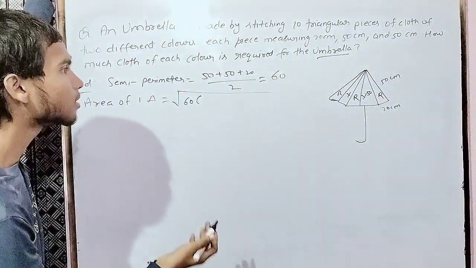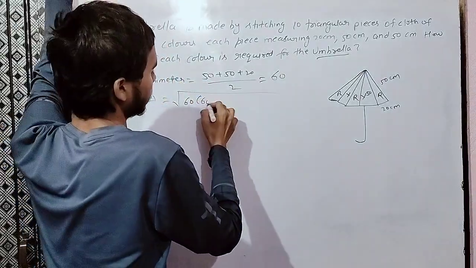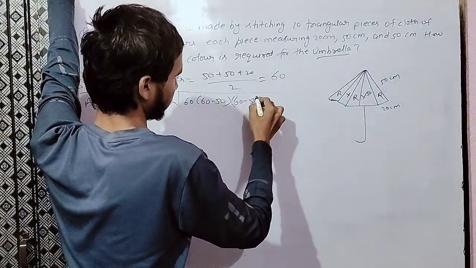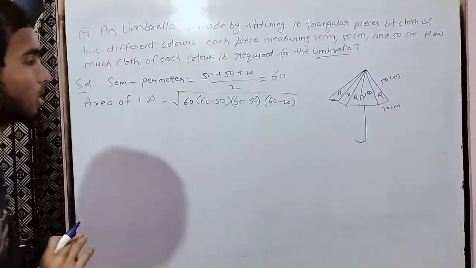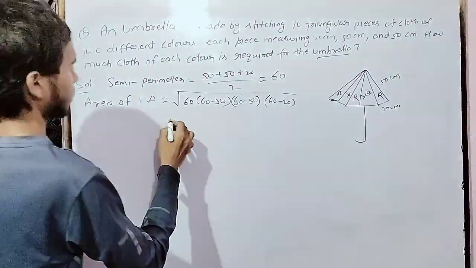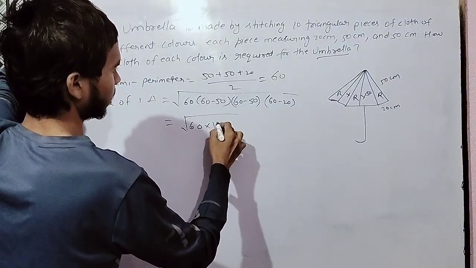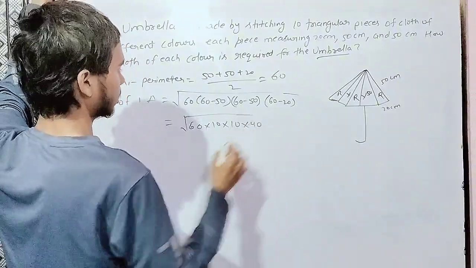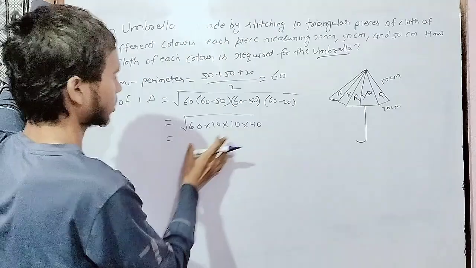60 minus 50. 60 minus 50 again. And 60 minus 20. We have substituted. Now 60 multiplied by 10 multiplied by 10 multiplied by 40. Can we factor this?